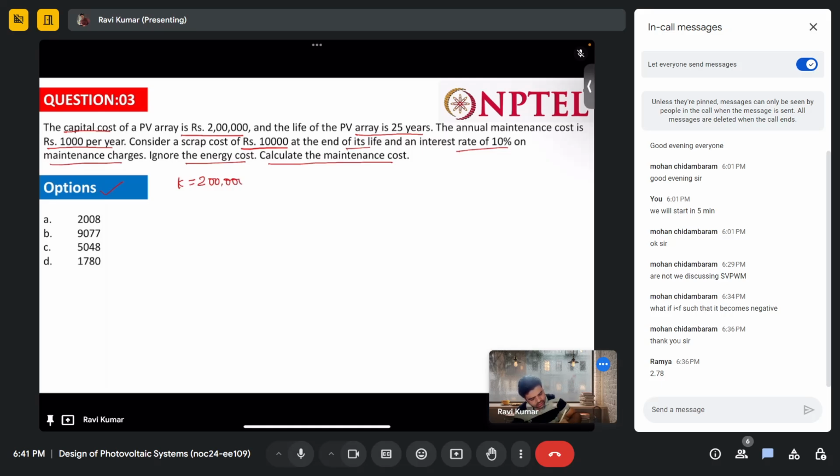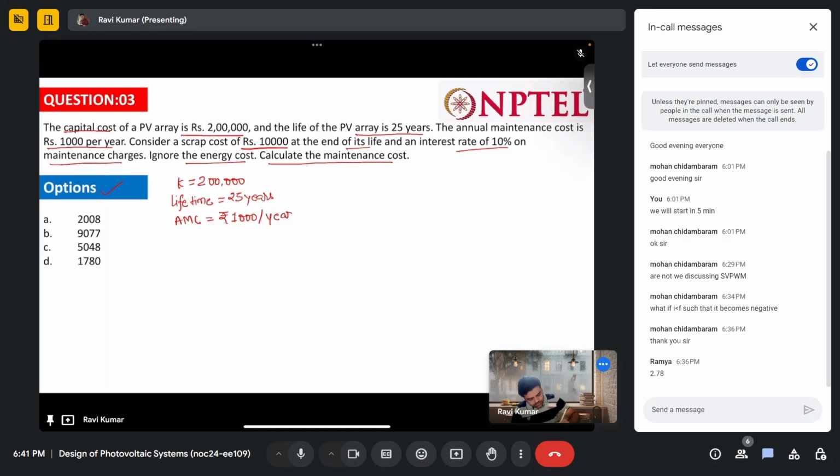Lifetime is given 25 years. Annual maintenance cost is given rupees 1000 per year.